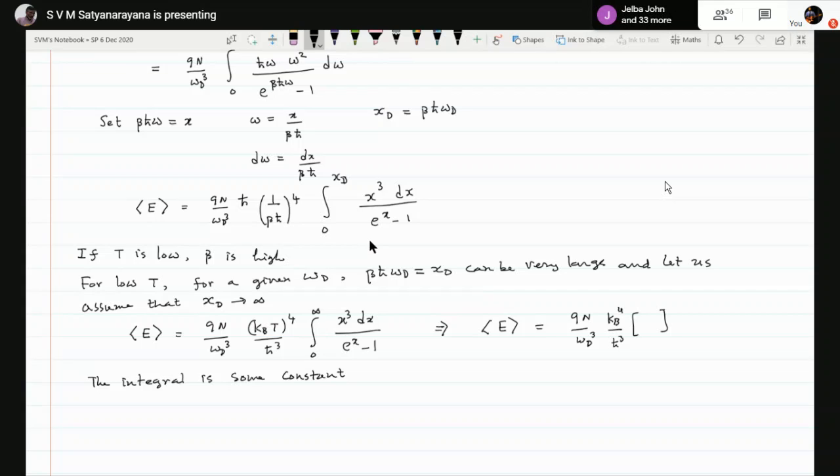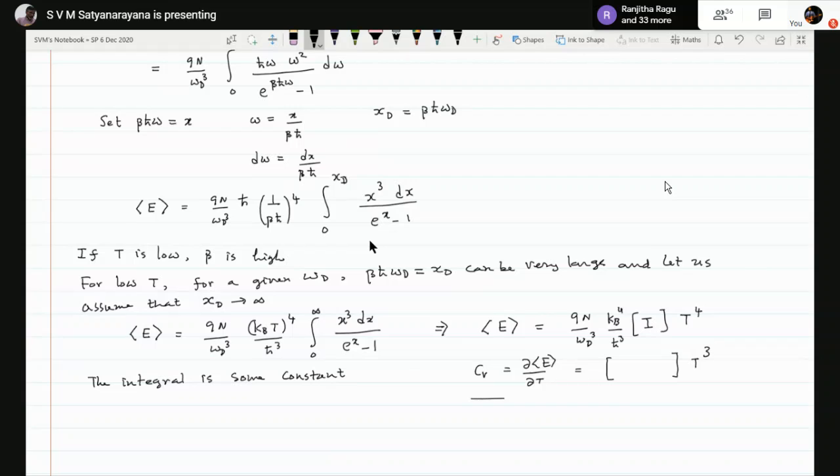Let us call that some I into T to the power 4. So this immediately tells us that when you want to write down your C_V, which is the derivative of this E with respect to T, you will get all these factors into T cubed.